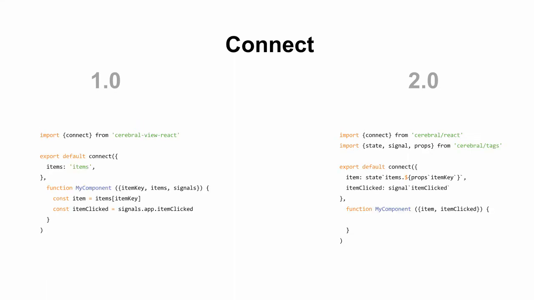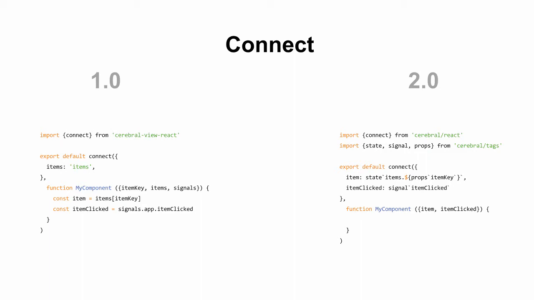So let's move on to how you connect Cerebral to your components. In Cerebral 1, you call connect, and the first argument is an object. On the left side, you see that we attach items, and it points to the items path in the state tree. Then you would have access to items inside your component, and also the props passed by the parent component.